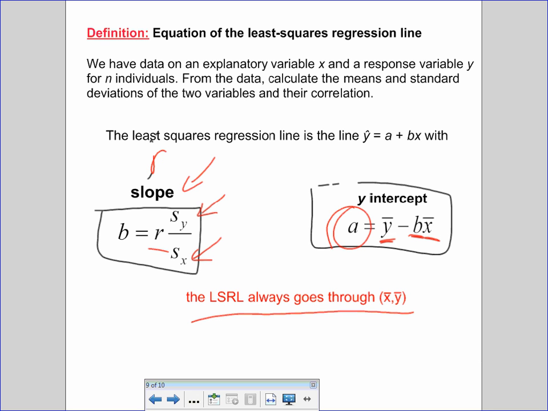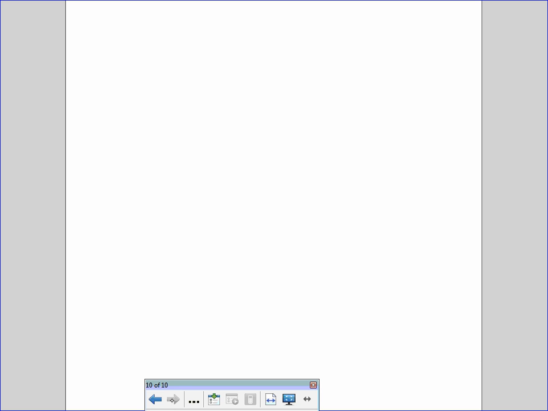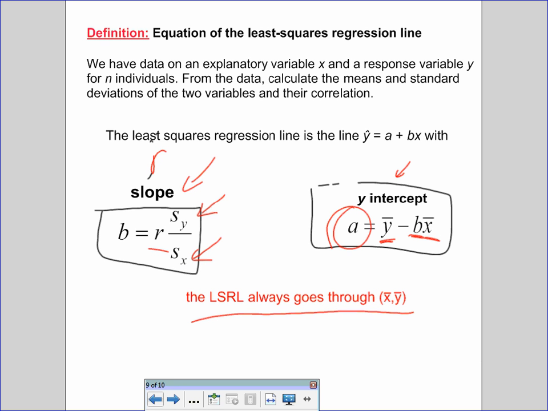Slope is very important. Y-intercept is important in creating the line, but often has no useful application besides creating the line. Slope, though, gives us a lot of information. And we'll talk about that.